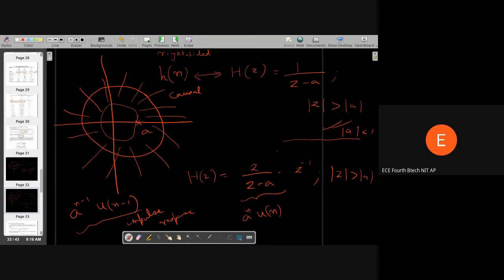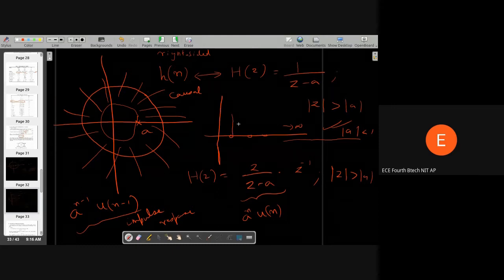So what will happen in this case? It is for n equal to 1, 2, up to infinity. Since a is less than 1, it will keep decaying. It's a stable system.